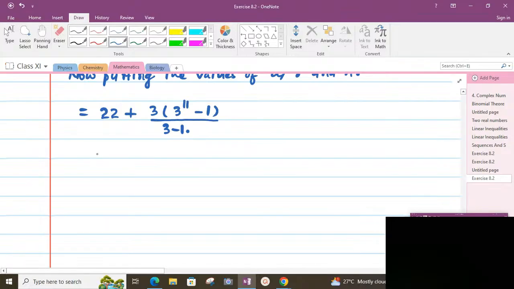The next step will be 22 plus 3 by 3 minus 1, where 3 is written 11 times, 3 into 3 into 3.